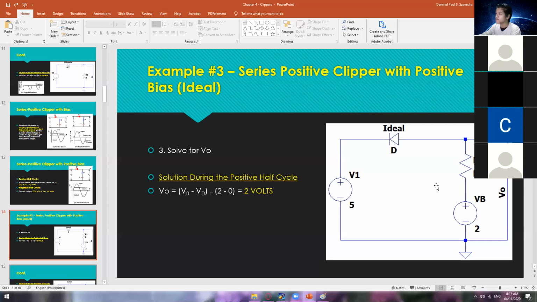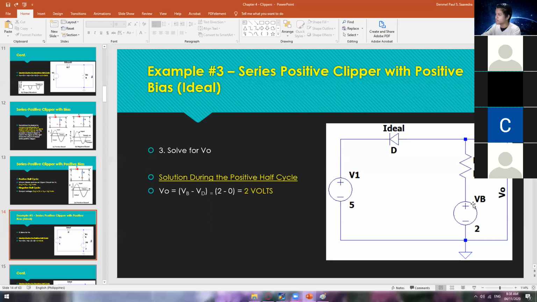But in this one, no. Even though our V sub B is lesser than V sub I, it will still conduct because, as you can see right here, our V sub B is closer with V sub O. So as it conducts, it will now also pass through to our V sub O.